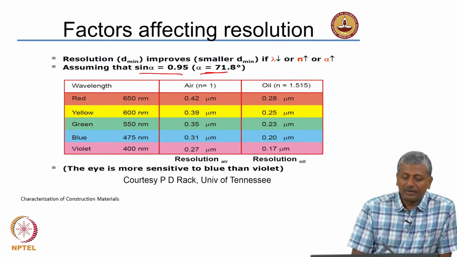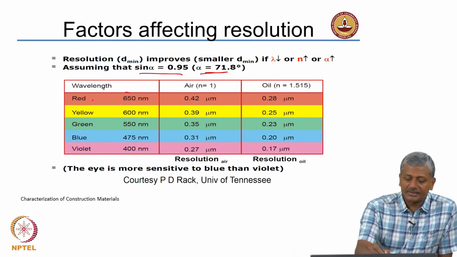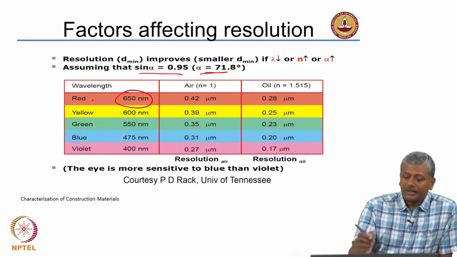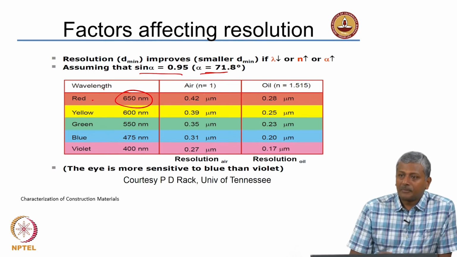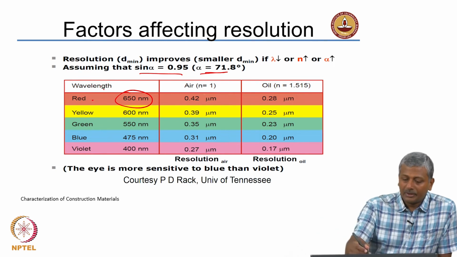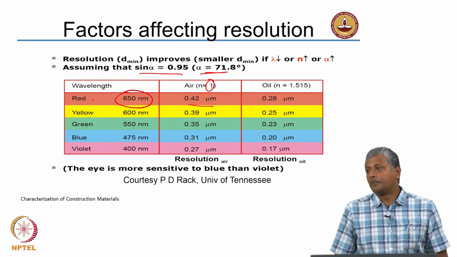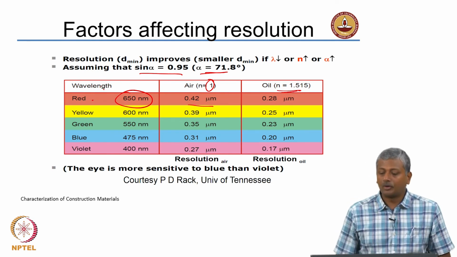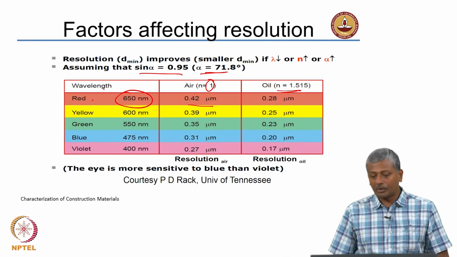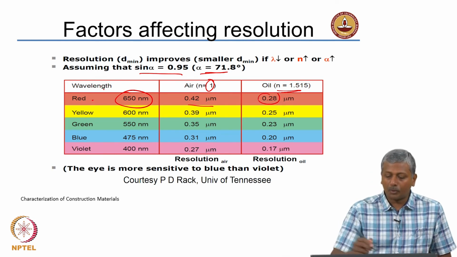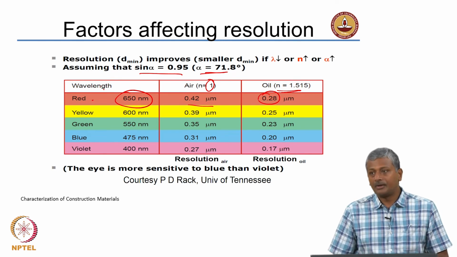Your wavelength of red, for instance, which has 650 nanometers lambda in air, meaning there is only air between the objective lens and the sample, so n equals 1, your resolution will be 0.42 micrometers. But when you have an oil immersion lens of 1.51 or 1.52 as the n value, that improves your resolution to 0.28 micrometers.